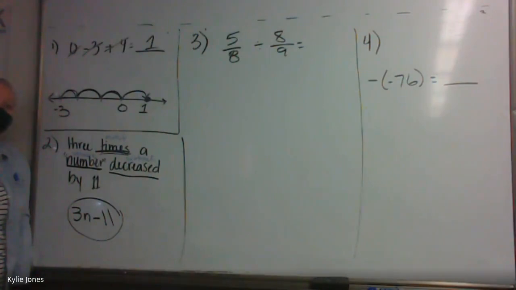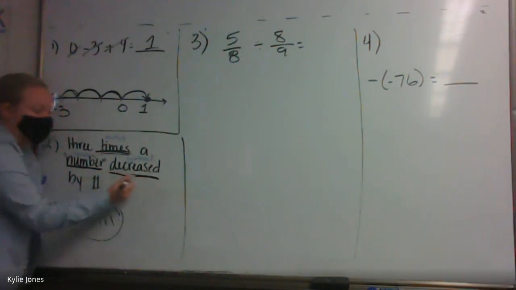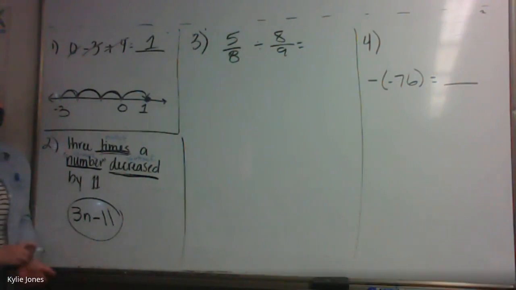There's no division here. This is subtraction, not division. Increase is addition, decrease is subtraction. If you wanted us to divide, it would usually say divide or split into things like that.